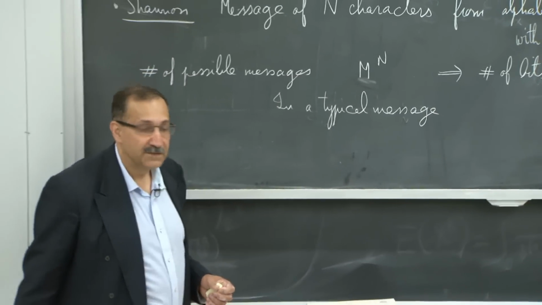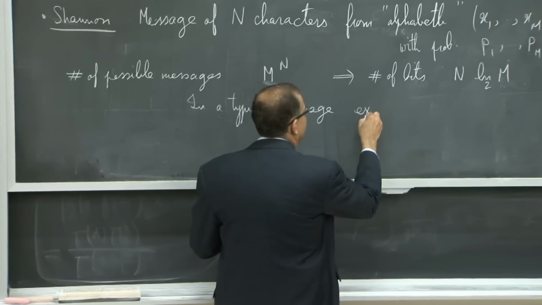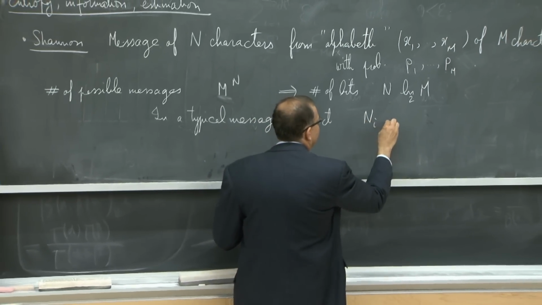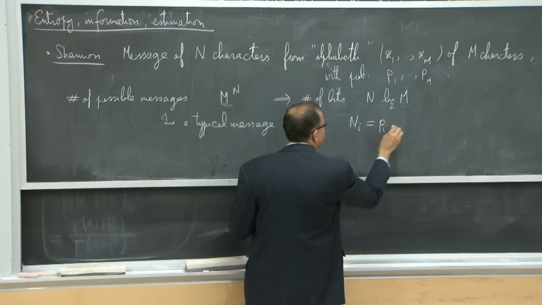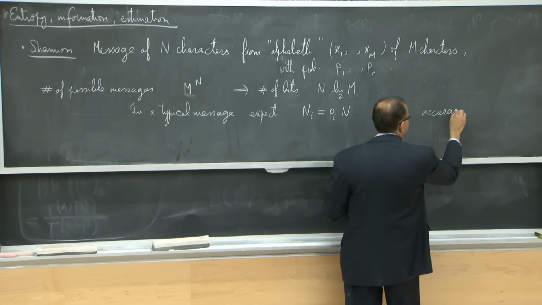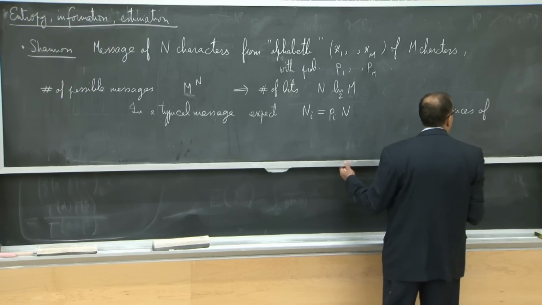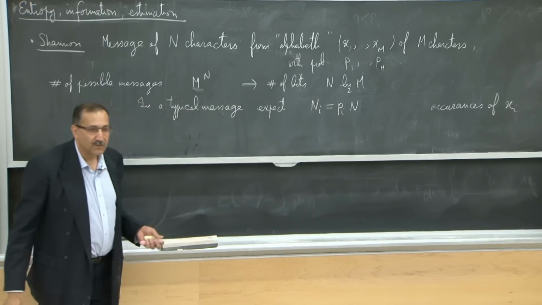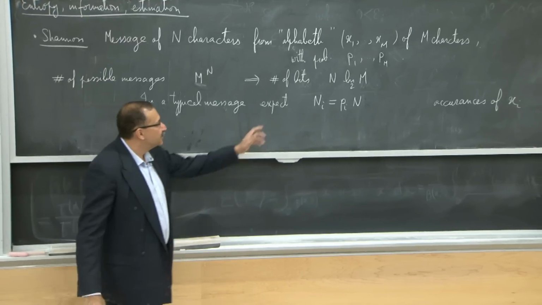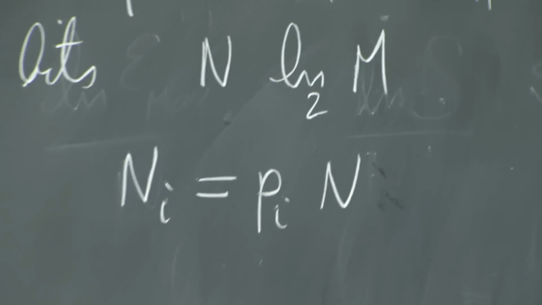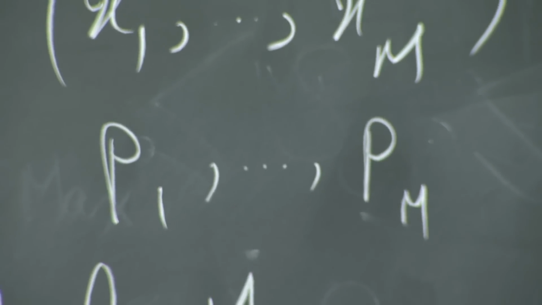So in a typical message, what you expect is Ni, which is pi n occurrences of xi. So if you know, for example, what the frequencies of the letters in the alphabet are, in a long enough message, you expect that typically you would get that number.